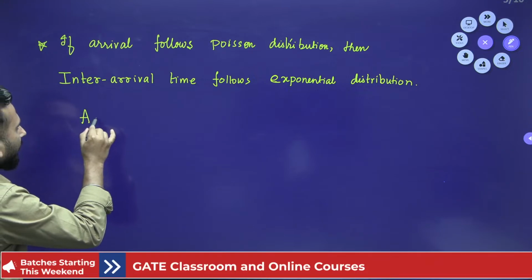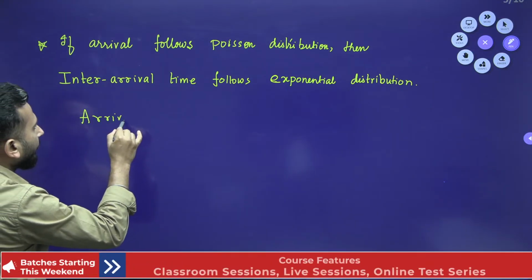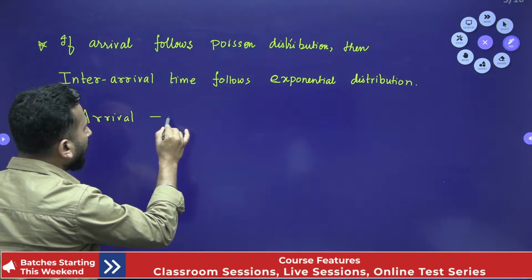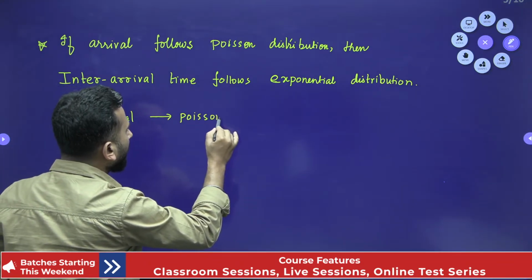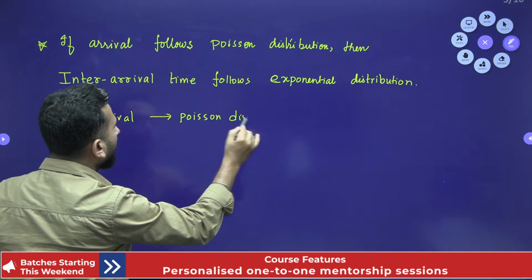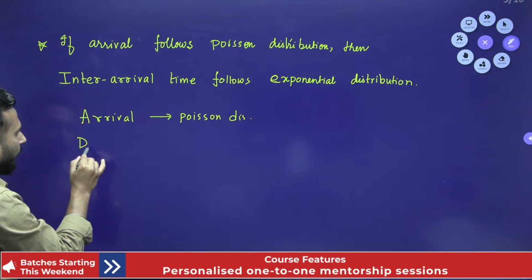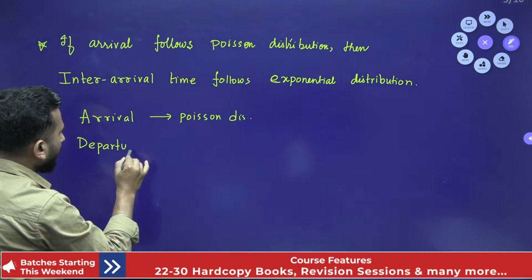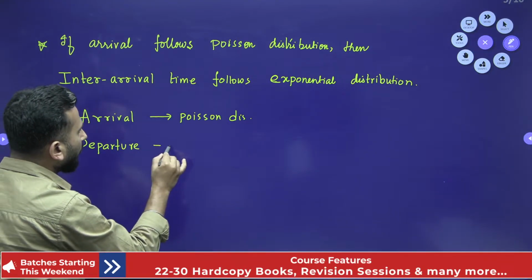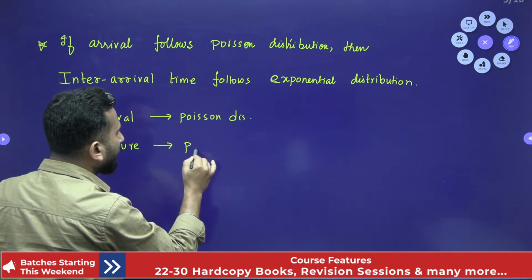So arrival follows Poisson distribution. Departure also follows Poisson distribution.